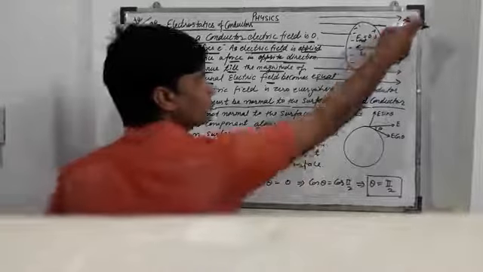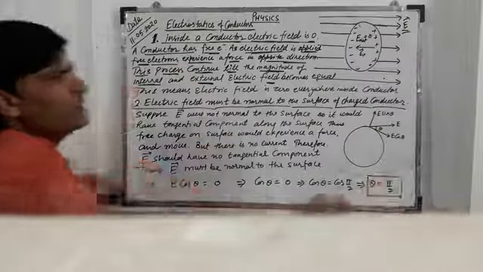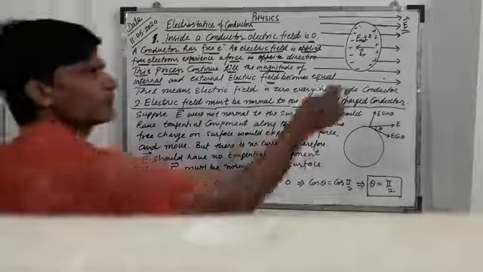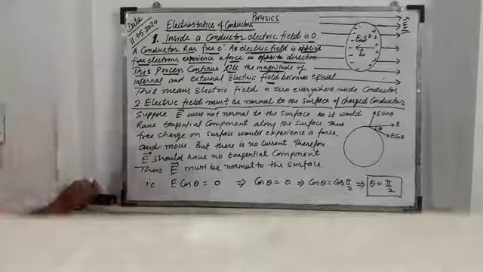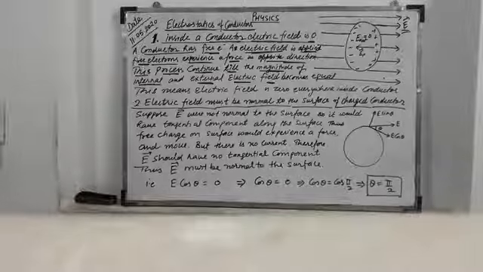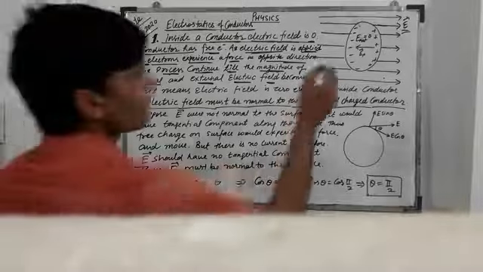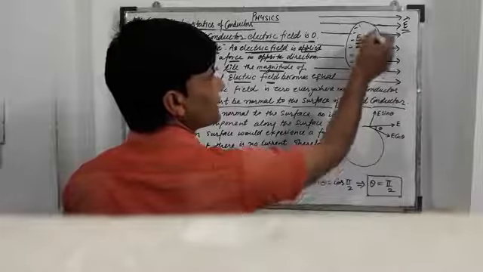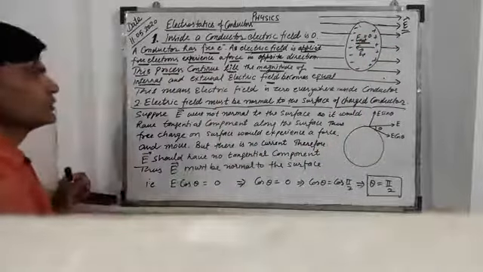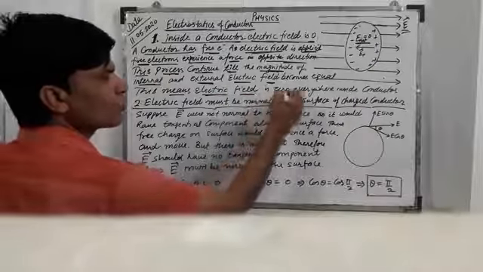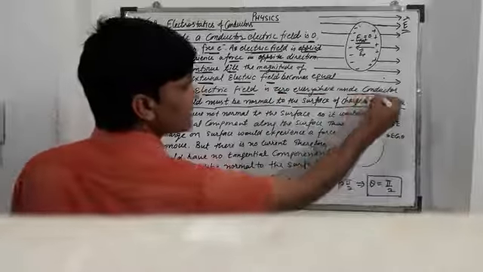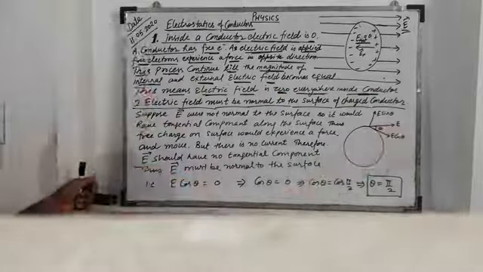When the magnitude of E and EP are equal, the movement of electrons stops. In this way, the net electric field is zero. This means electric field is zero everywhere inside the conductor.